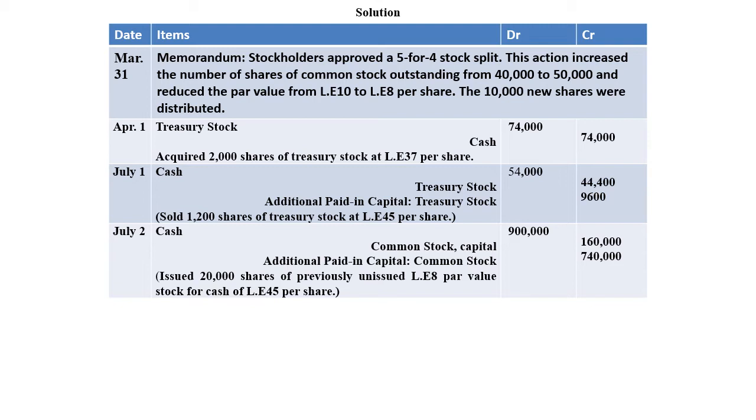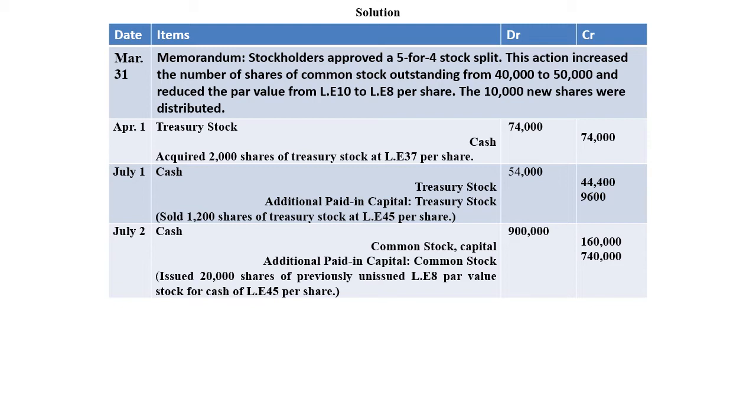This action increased the number of shares of common stock outstanding from 40,000 to 50,000. That's what happened when we multiplied the issued shares 40,000 by 5 over 4, we got 50,000. So the number of issued shares outstanding increased from 40,000 to 50,000 and reduced the par value from 10 to 8. That's what happened when we multiplied the 10 par value by 4 over 5.